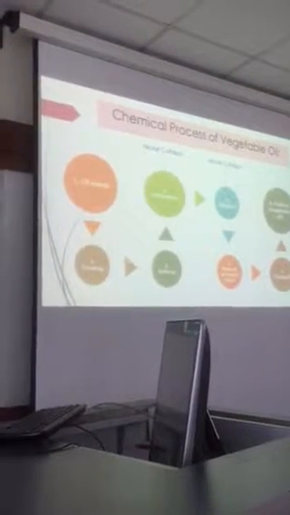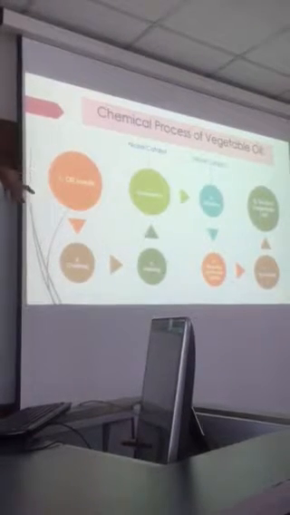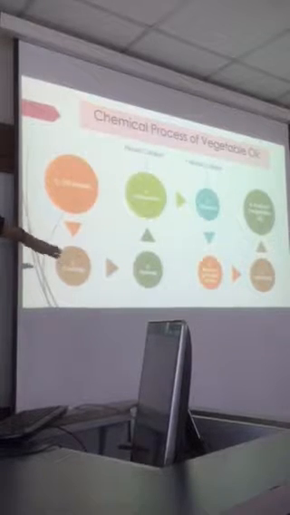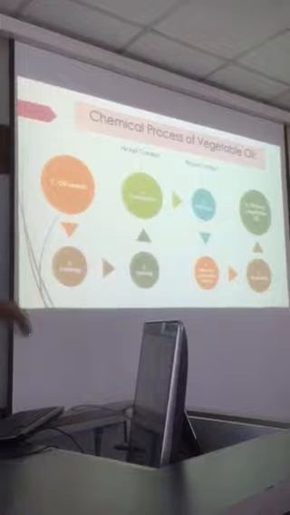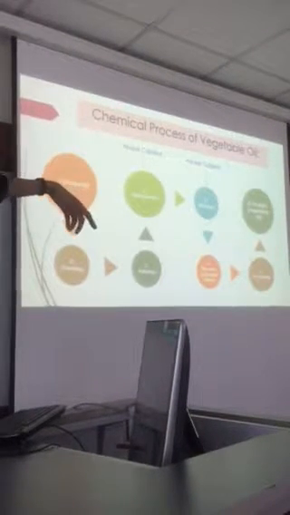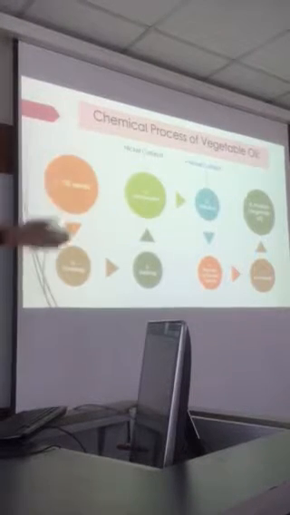Okay, this is the process of vegetable oil. It starts from oil seed, followed by crushing, refining, hydrogenation, filtration, bleaching, deodorization, packaging, and lastly the product, which is vegetable oil.